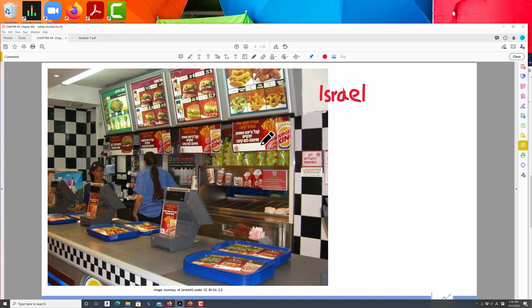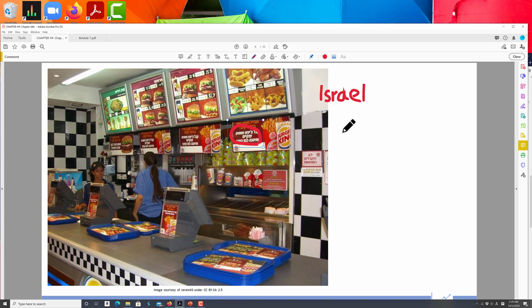Judging from the Hebrew scripts here, it looks like a Burger King franchise in Israel somewhere, probably the northern part of Israel, like the Sea of Galilee, because from the Sea of Galilee down south to Jericho, there is nothing.